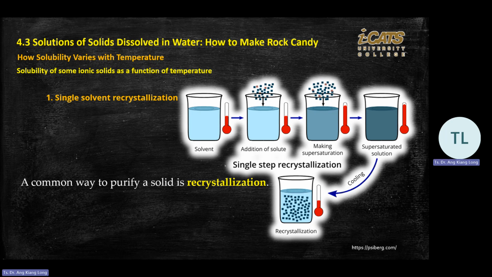Then you form supersaturation. When you cool down, precipitation or recrystallization happens. If you write precipitation, it is also correct. So this is how you get single step recrystallization: you add the solvent, increase temperature, stir again, cool down, and you will see precipitation. This is single step.